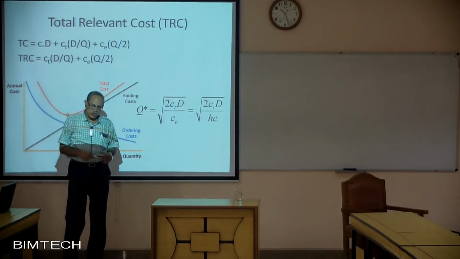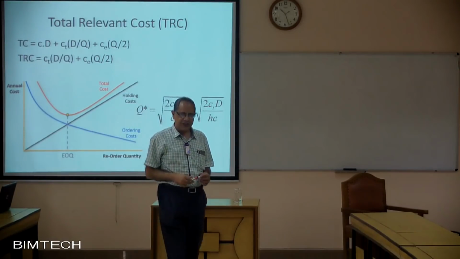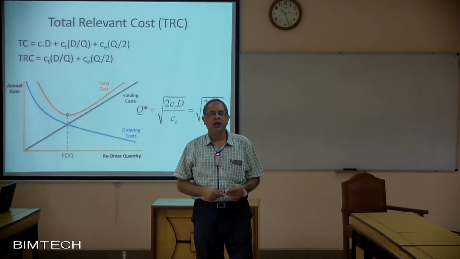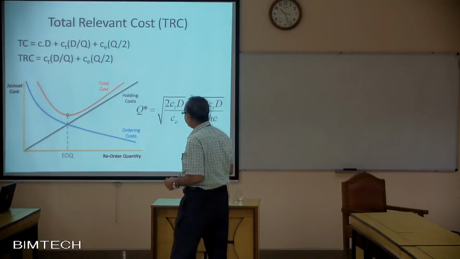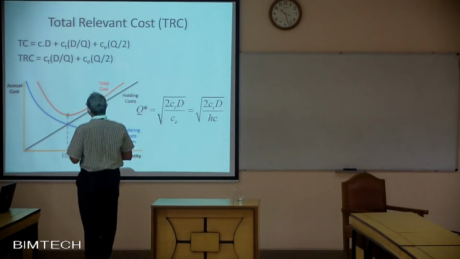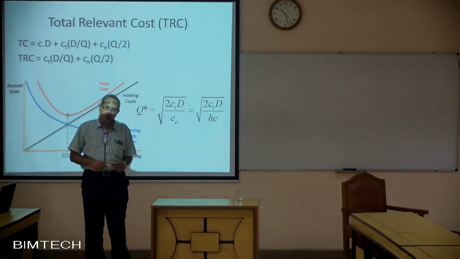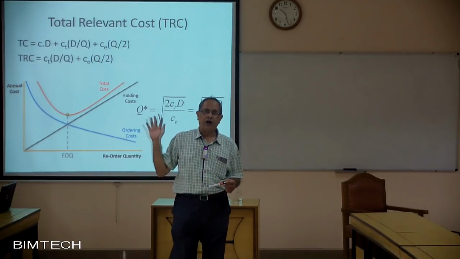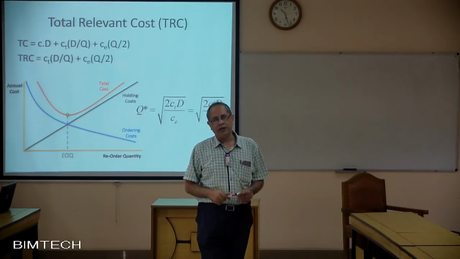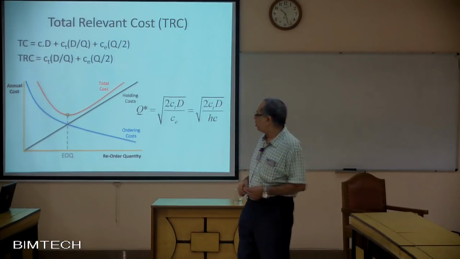C is the per unit cost, and D is the annual demand, and therefore C times D is the total purchasing cost for the year for the item that we are discussing. CT is nothing but the ordering cost. This is the cost per order. It's a fixed cost independent of the quantity that we order. CT, because I call it the transaction cost.